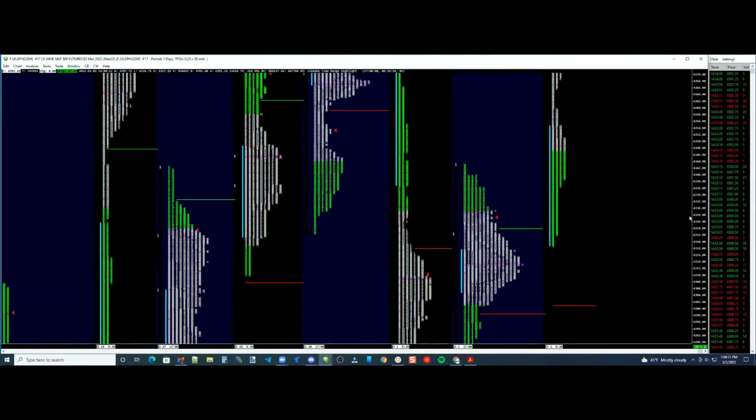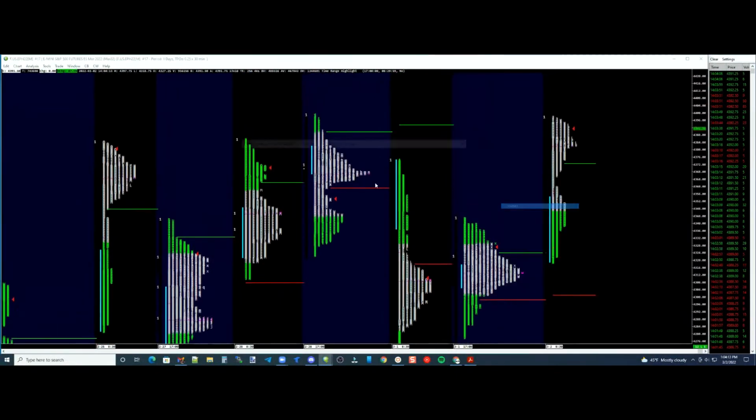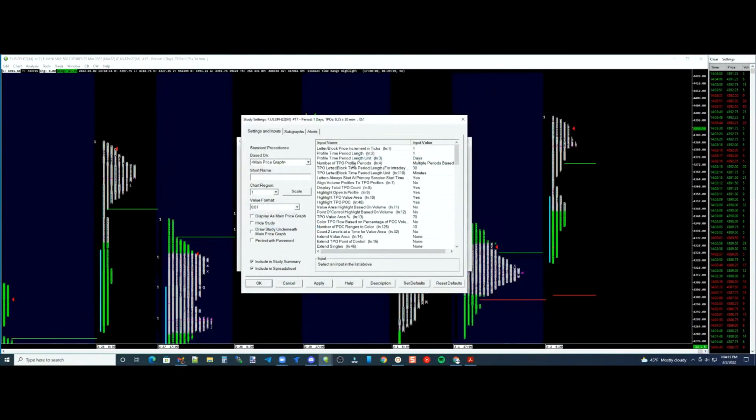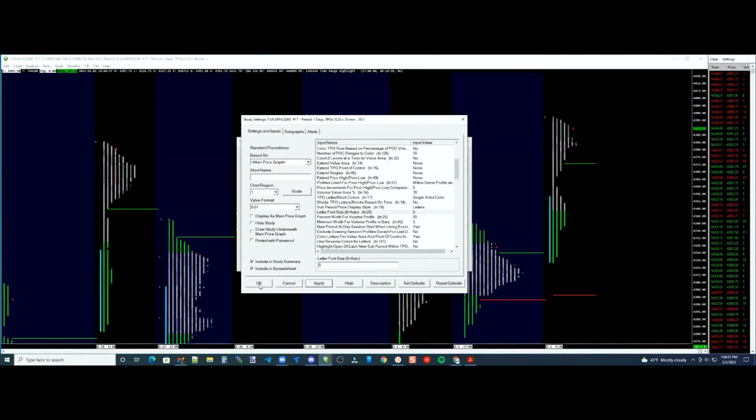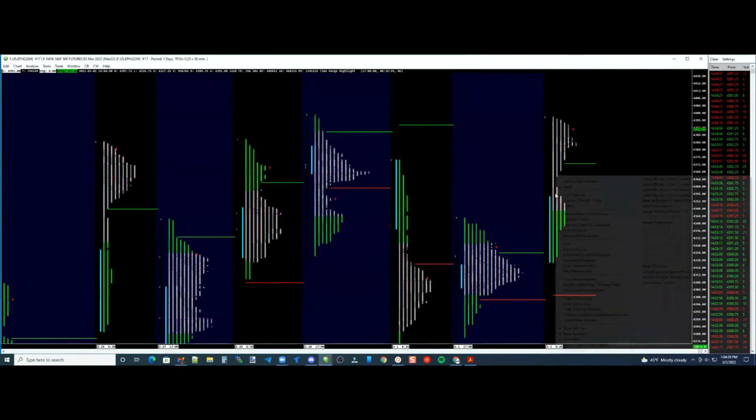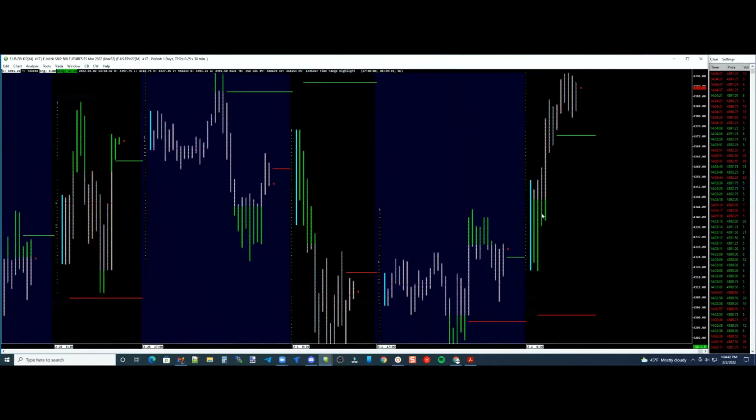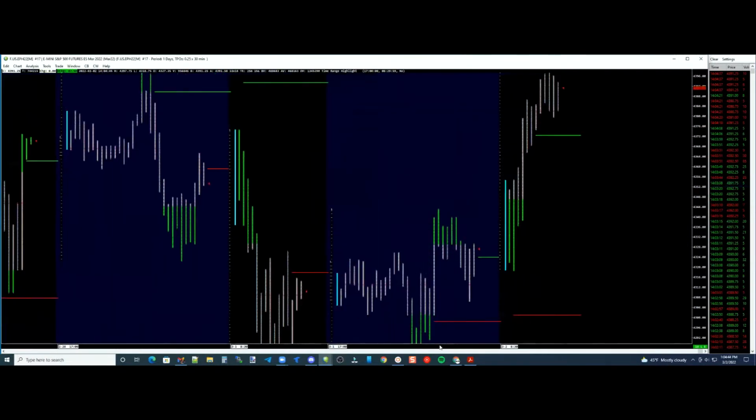Something that I do, and I'm not going to spend a ton of time on this because you have my chart book, is set my font nice and small. It's set to 10, and I like to keep it like 5. A lot of people are going to say, man, that is awfully small. And it is, but when you break it out like this, it starts to make a little more sense.